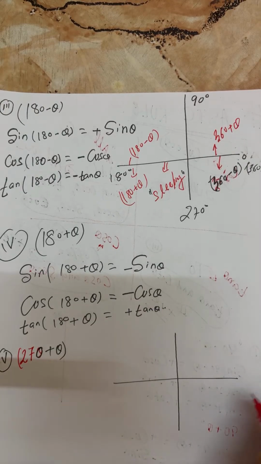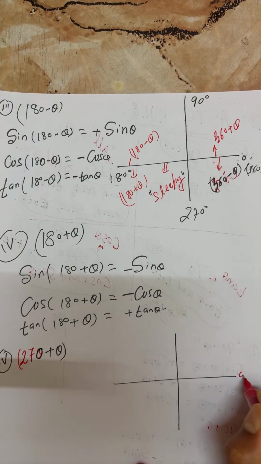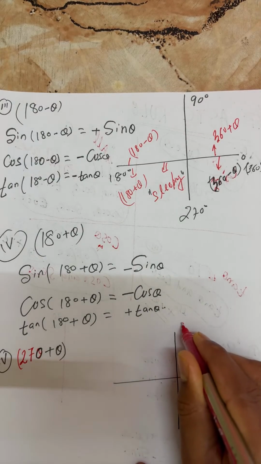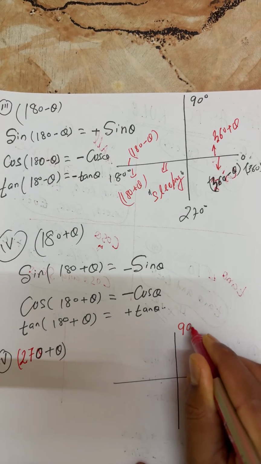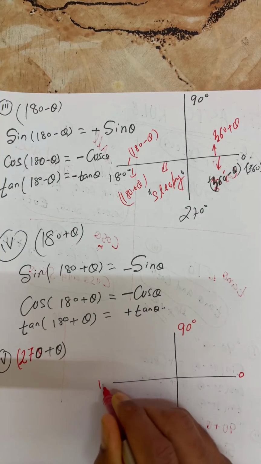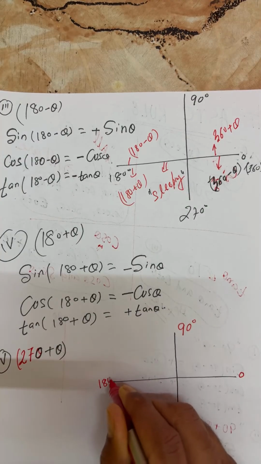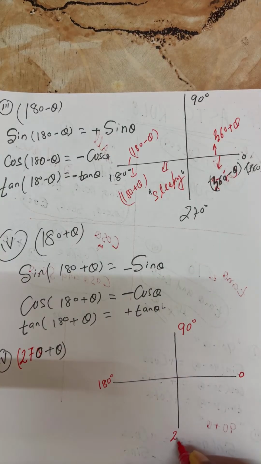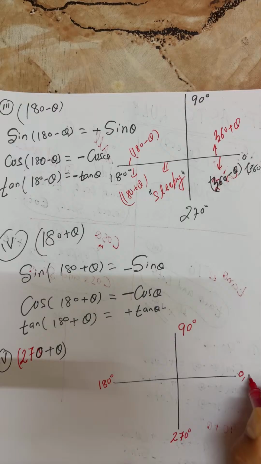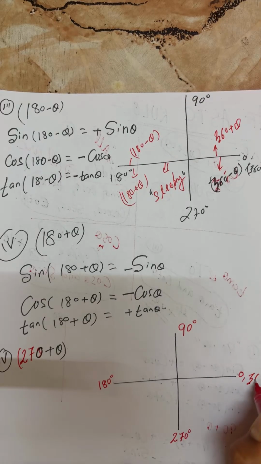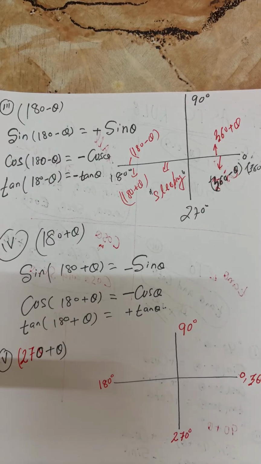Good. Go ahead. This is 0 degree, this is 90 degree, this is 180 degree, this is 270 degree, this is 360 degree.